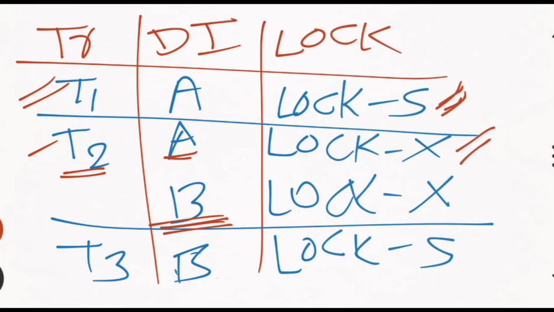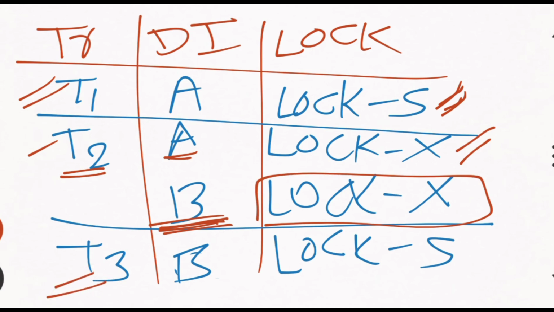So T2 is holding the data item B in an exclusive lock, and transaction T3 is asking for the same data item B in a shared lock. You know already that in an exclusive lock only one transaction is allowed to lock that data item; no other transaction is allowed to use data item B. But T3 is waiting for B, which is currently held by T2.